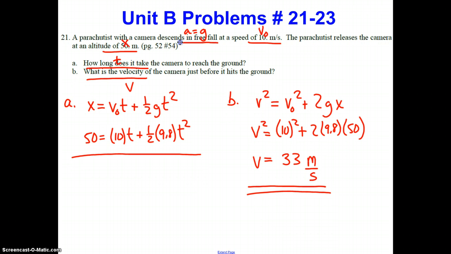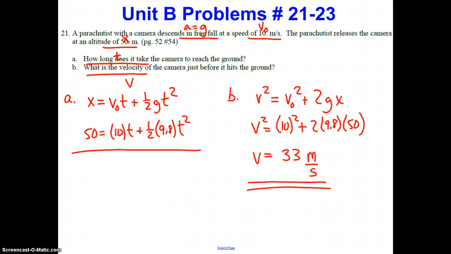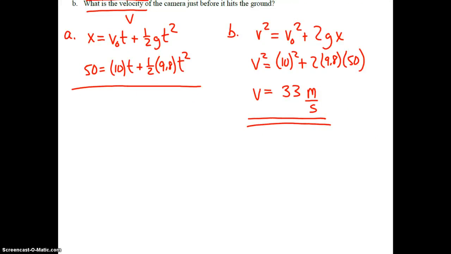So we have our answer to B, which we can now come back and use to do our calculation in A. V equals VO plus GT. We're just doing this to avoid using the quadratic. I'm going to use the non-sig fig value of my B answer.